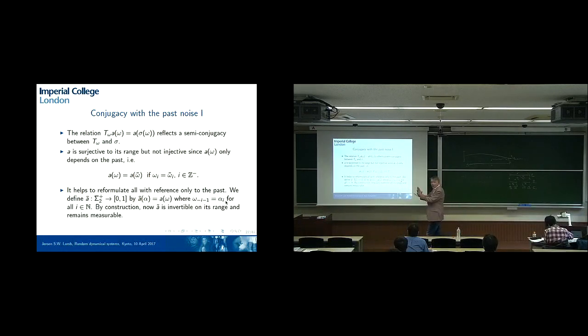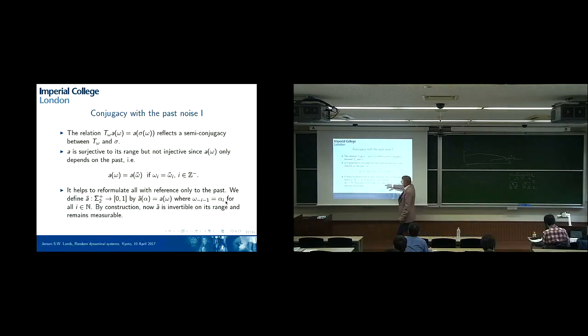A depended on the past, not on the future, and the omega has information about past and future. It's like my complete coin tossing sequence. So two omegas that are equal in the past can have different futures. It doesn't matter what the future is. So it means it's not injective.